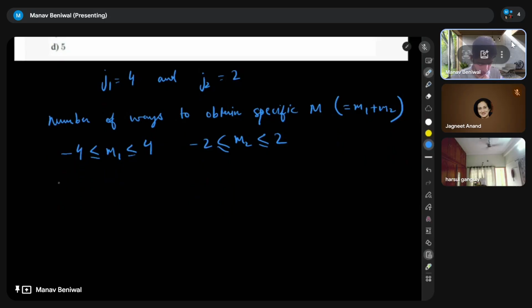It is always good to check for the total m equals 0 state, because that generally has the maximum degeneracy. So how will we get 0?